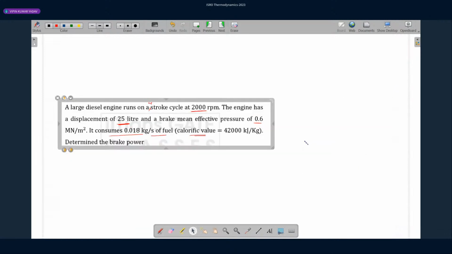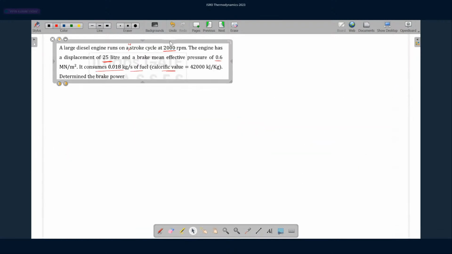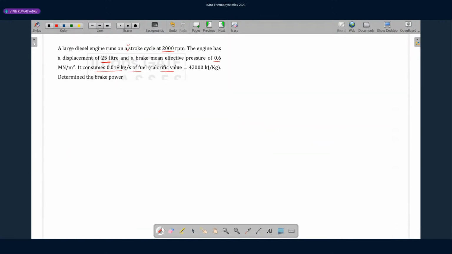Brake power can be determined through two formulas. It is basically the actual power that is available at the crankshaft. When we reduce the friction losses from the indicated power, we get brake power.